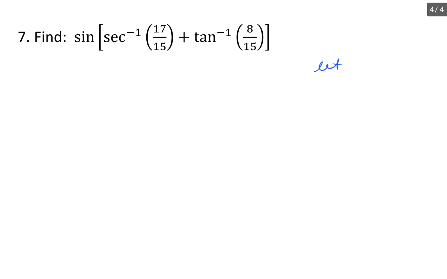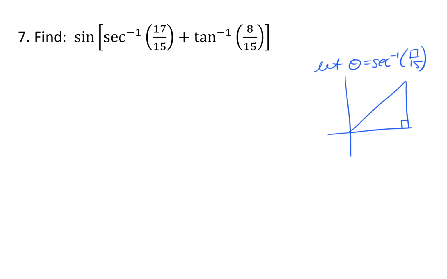All right, so I'm going to let theta equal inverse secant of 17/15, and that's going to be quadrant 1. So secant is the reciprocal of cosine, so it's hypotenuse over adjacent. So 17, and adjacent is 15, so my missing side is going to be 8.